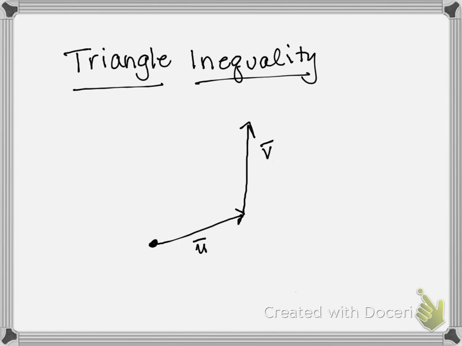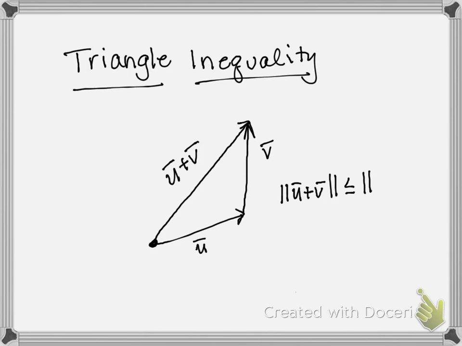So to connect here to here, that's the vector u plus v. And the triangle inequality says this, that the vector u plus v, its length is always less than or equal to the sum of the lengths of u and v. So norm of u plus the norm of v.